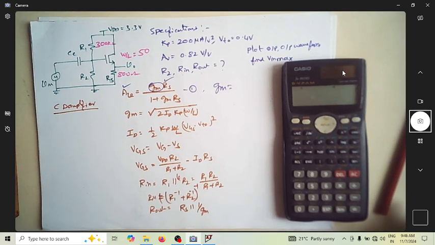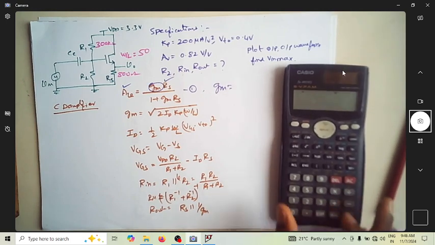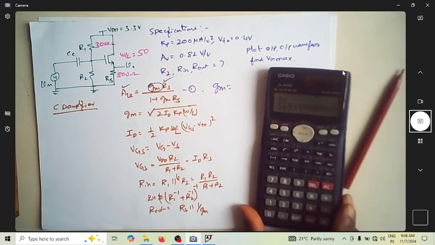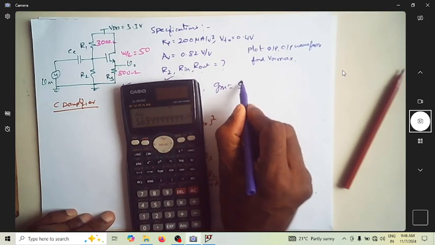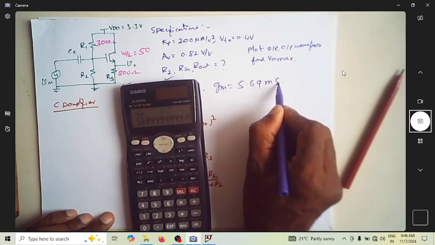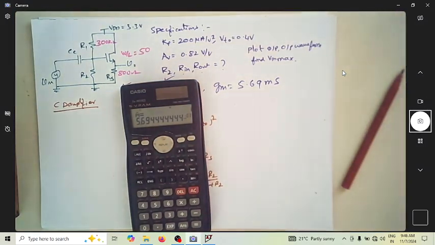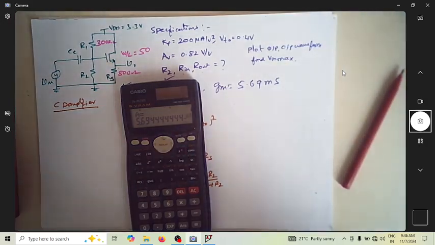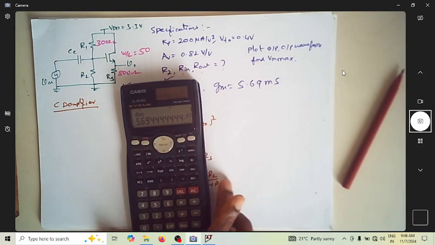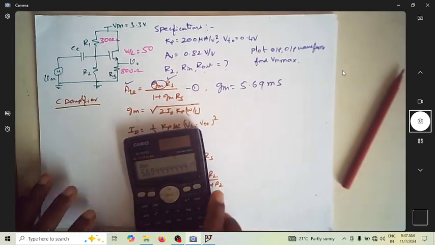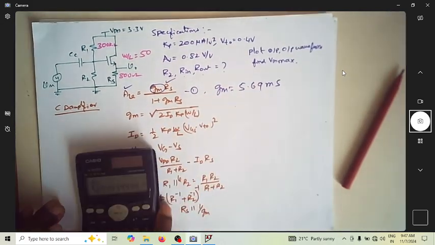So we'll get the value of GM. The value of GM is coming out to be 5.69 millisiemens. So that's the value of GM.